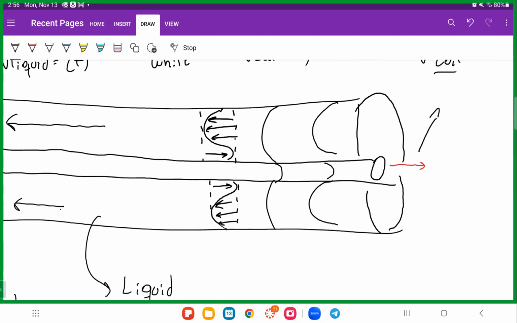The way I read it was that there was an outer cylinder and then an inner cylinder, and there was fluid going right and then fluid going left because it was a heat exchange thing. Oh, okay. So that's why, okay, it was a heat exchange. What was the question exactly?